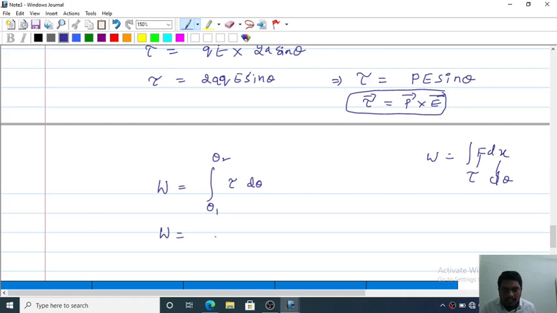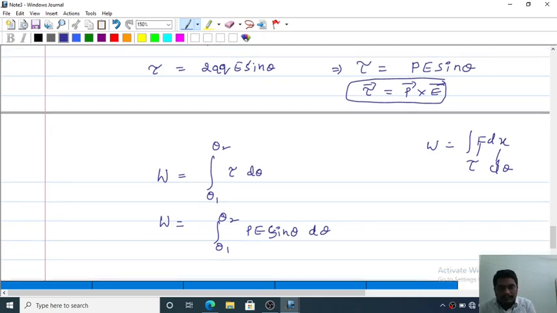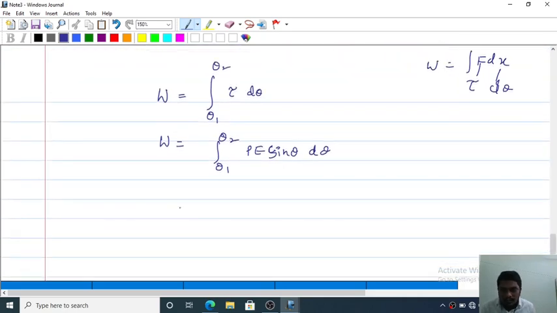What is tau here? P E sin theta. So the integral from theta 1 to theta 2 of P E sin theta d theta. The dipole moment for a given dipole is constant, and the uniform electric field is also constant, only theta is variable, so we need to integrate only sin theta.